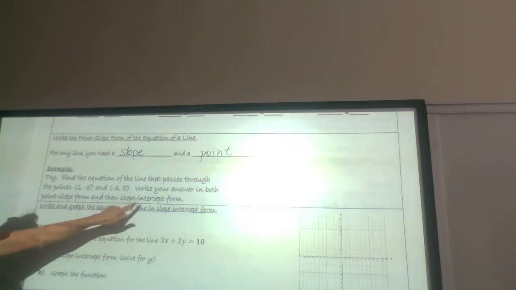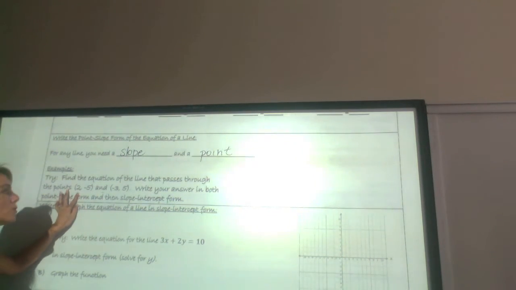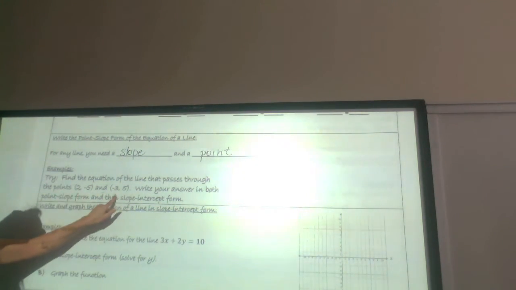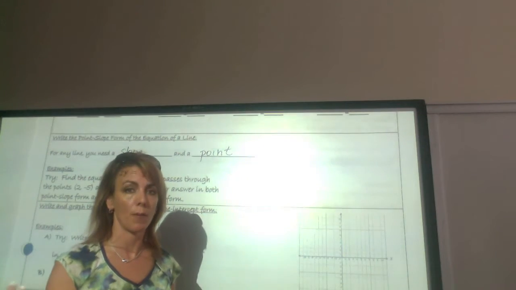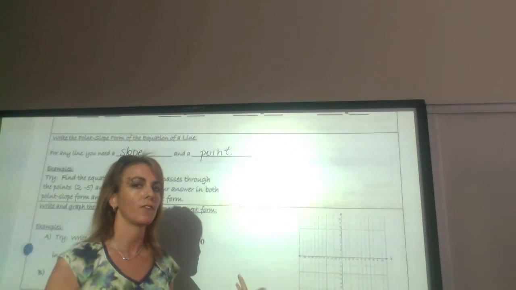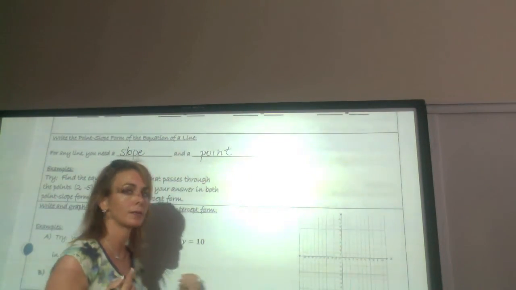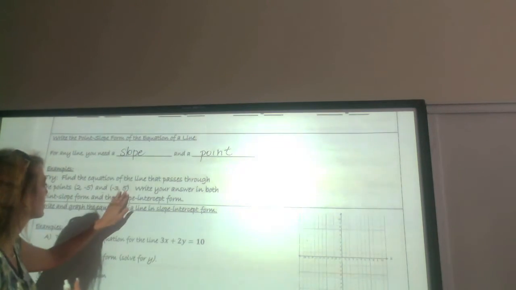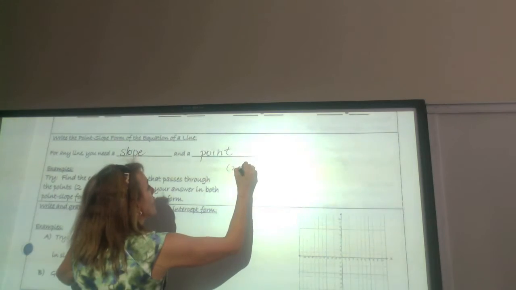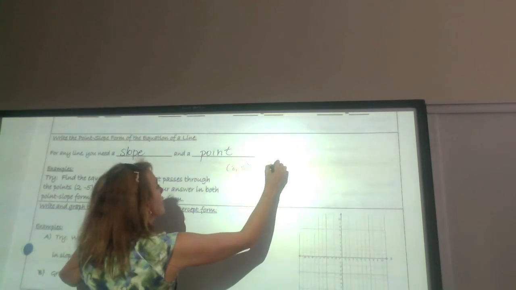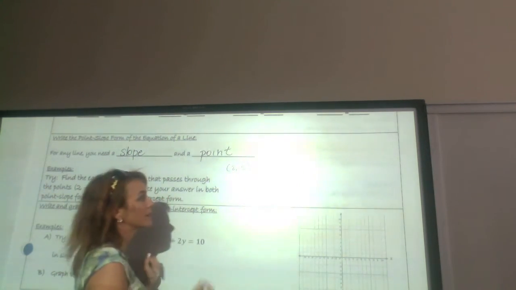Okay, and so in this example here, we're going to find the equation of a line that passes through the points (2, -5) and (-3, 5). Okay, so what do you notice right away that we don't have? We don't have slope, but we just talked about how to find slope if you're given 2 points. So let's do that. Let's take our 2 points, (2, -5) and (-3, 5), and let's find the slope.